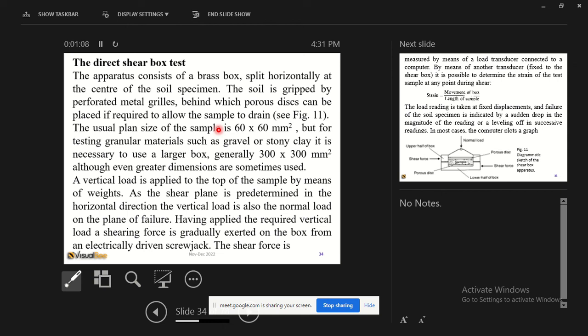But sometimes when you have soil with large material like gravel that may destroy a small machine, then we use the bigger one. This is called the large shear box test.